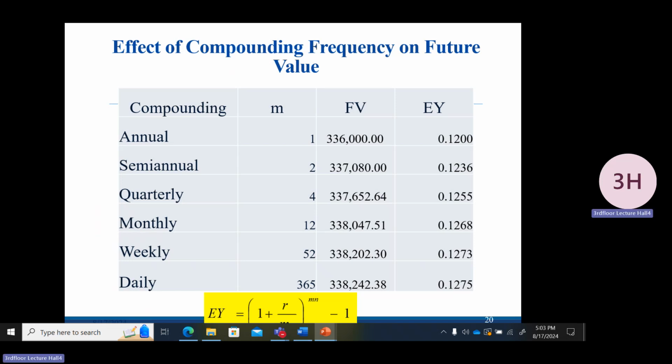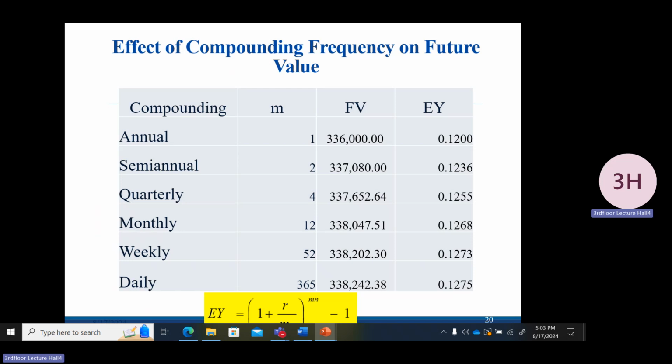What you can see, your observation: when the compounding frequency is increasing, what happens to the compounded future value? When the compounding frequency is increasing, your future value, or the compounded value, is increasing. So you have a benefit. You're getting more. And the effective rate is also in line with the compounding frequency; it is increased.